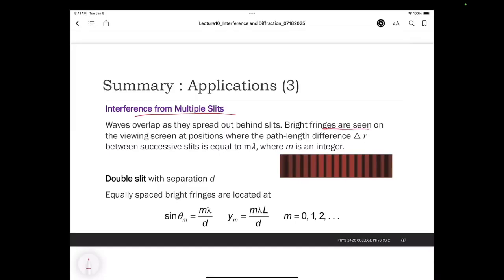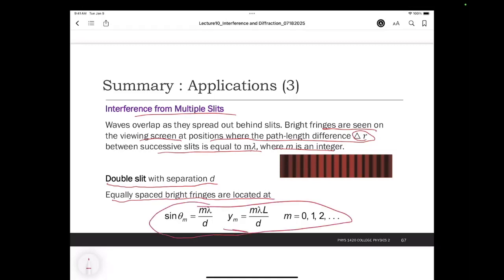Bright fringes are seen on the viewing screen at a position where the path length difference, delta r, between successive slits is equal to m lambda, where m is an integer. Also, we talk about double slit with separation d. Equally spaced bright fringes are located here, and we can get the bright fringes using this equation.